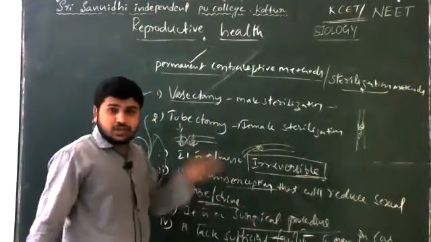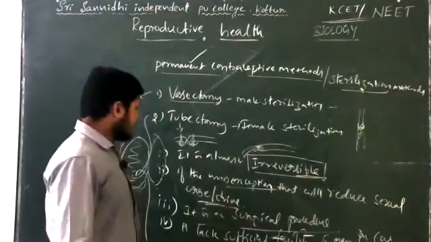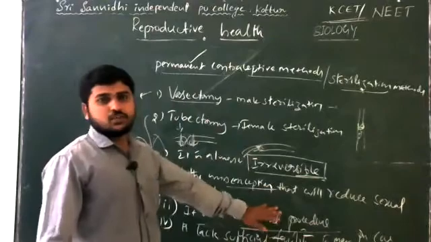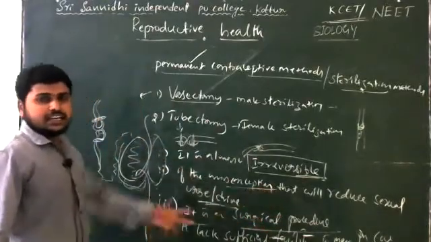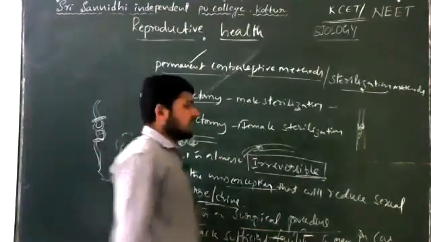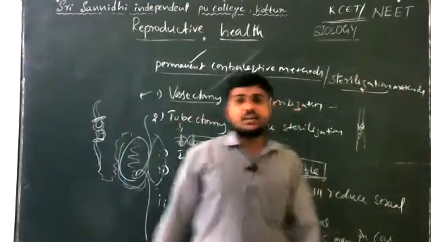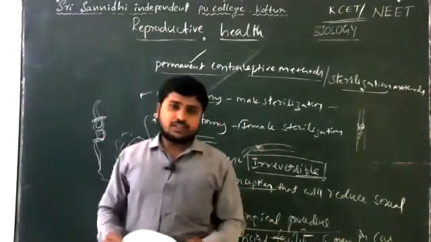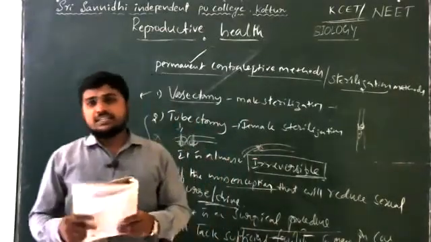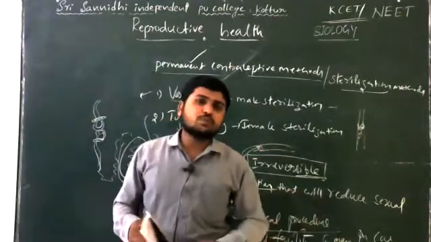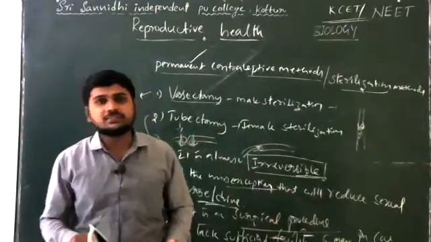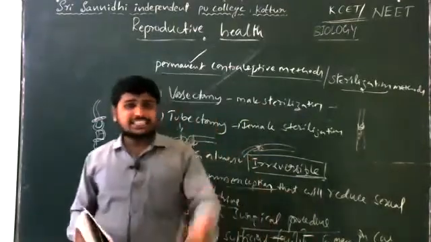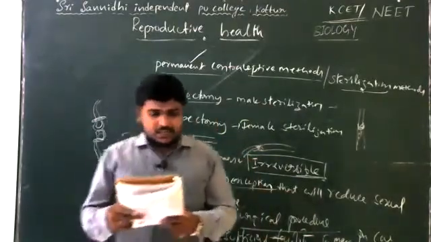It is a surgical procedure using surgical instruments, cut and retied, and there is a lack of sufficient facilities in parts of the country. Generally, they choose temporary contraceptive methods like natural methods, barrier methods, oral contraceptives, implants, injectables.